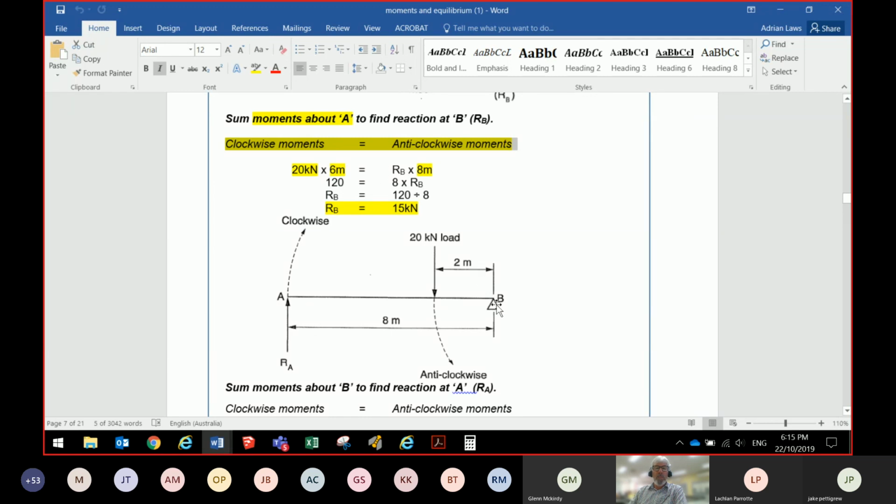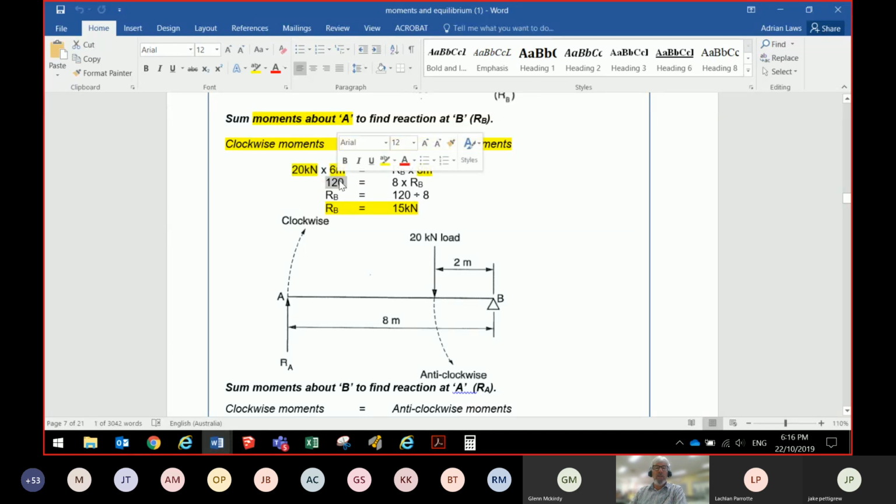And then the reaction, which is on the other side of the equation, is the anti-clockwise moments. And we've got an unknown resistance of B. There it is there, resistance B, unknown, 8 meters apart. So there's our little calculation. You can all do that pretty easily. And all we have to do is solve the equation. That's just a straight equation. 20 times 6 equals 120.